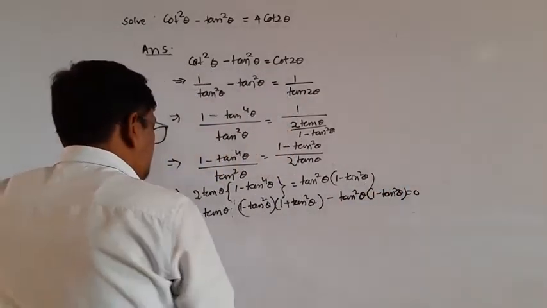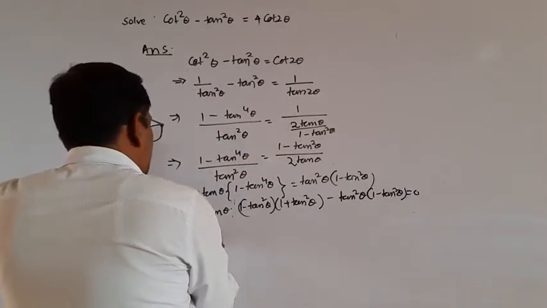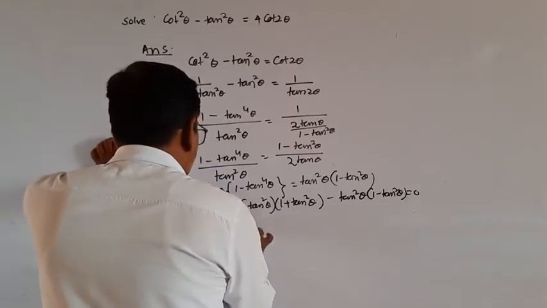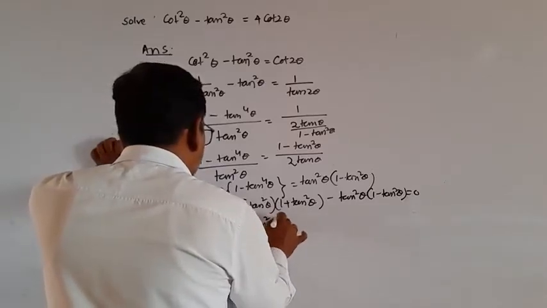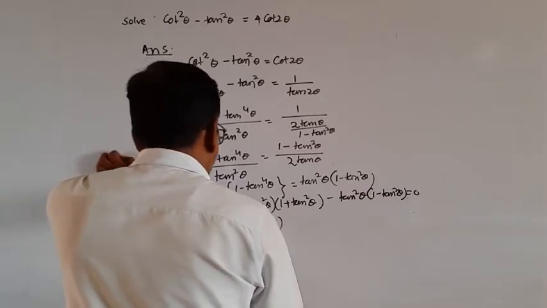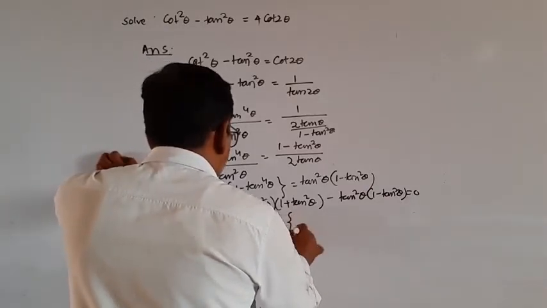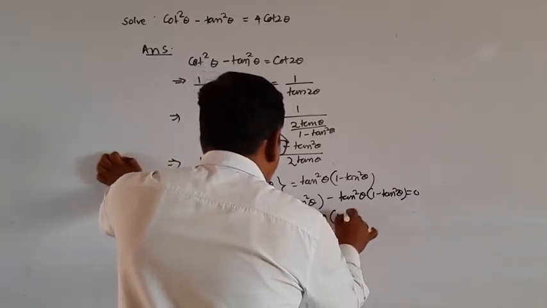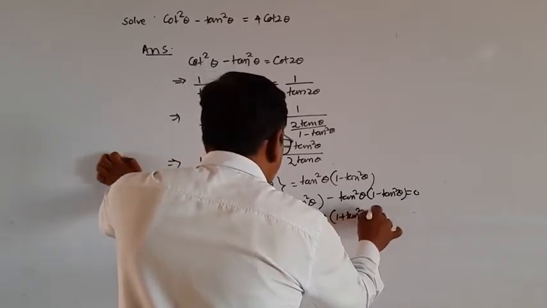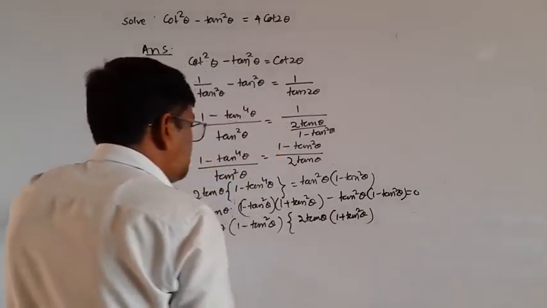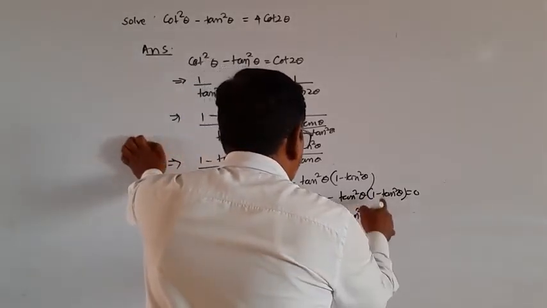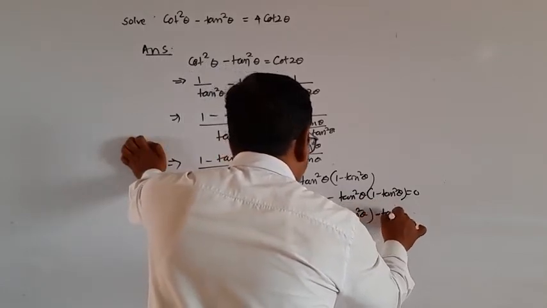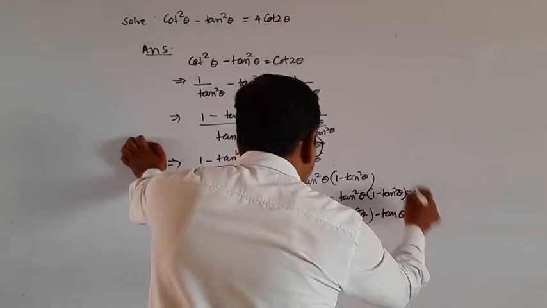So take common here tan theta into (1 minus tan square theta). What remains is 2 tan theta into (1 plus tan square theta) minus tan theta. Minus tan theta is equal to 0.